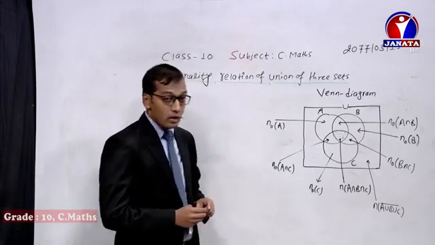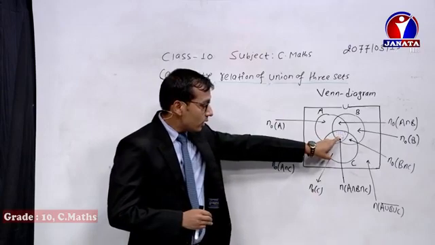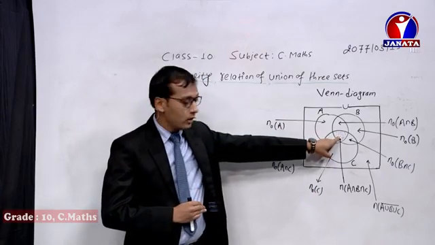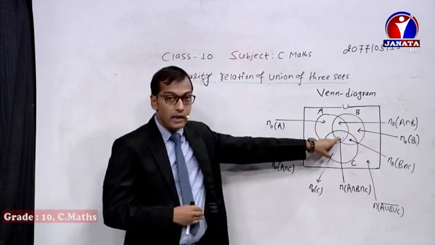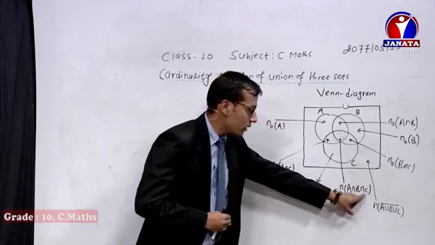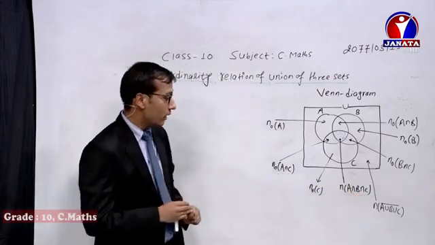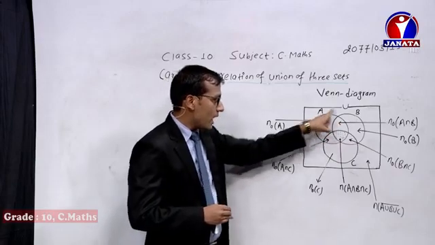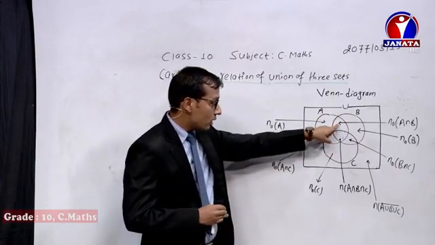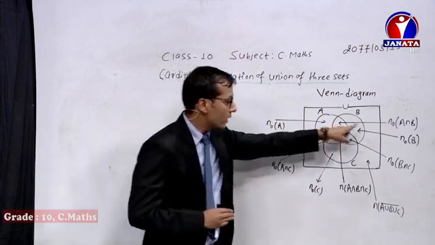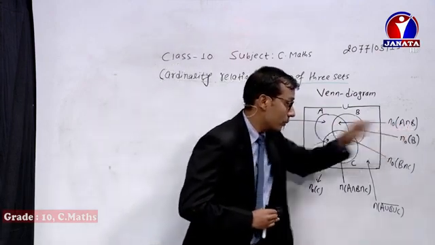The most important part is the common region, the intersecting region of all three sets A, B and C. So it is called n of A intersection B intersection C. Similarly, this region is the common region of sets A and B only, but this region does not belong to set C, so its set notation is n only A intersection B.